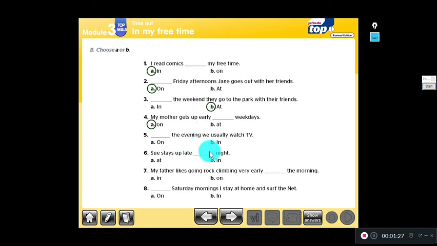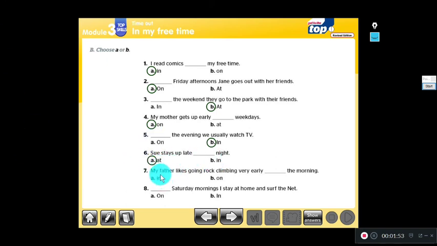Es un tiempo durante el día. ¿Cuál empleamos? In the evening, we usually watch TV. The next one, we have the word night. So stays up late night. We use with at night. Recordemos, palabra noche se va a usar con at.